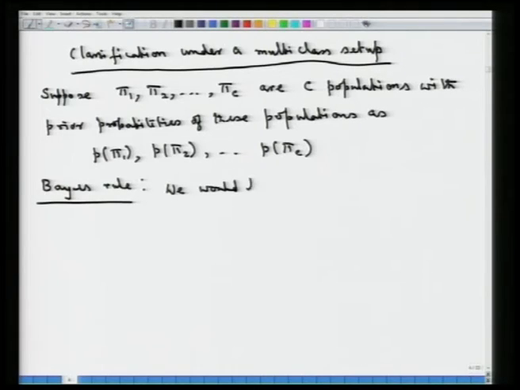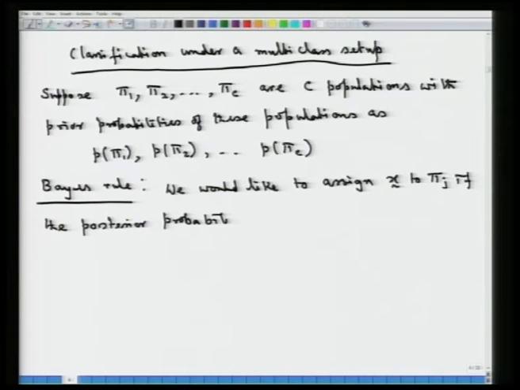Let us write that we would like to assign a multivariate observation x to a particular population, say pi j, if the posterior probability of pi j given x is the maximum among all the possible populations.